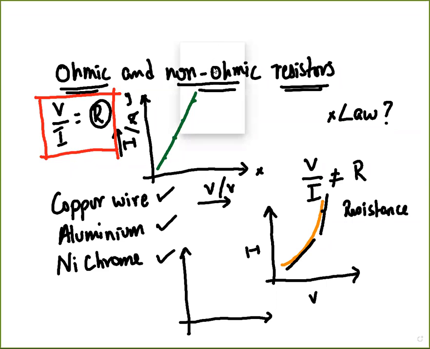The resistance behaves in this manner, which means the slope at different points, the tangents, the slope decreases, which means the resistance is going down. So both possibilities are there. In other words, V upon I equals R is not being obeyed.